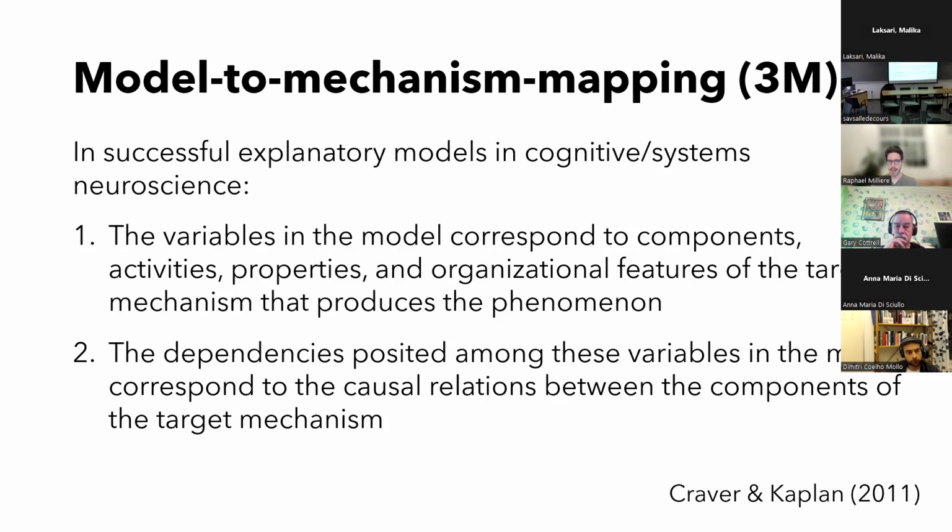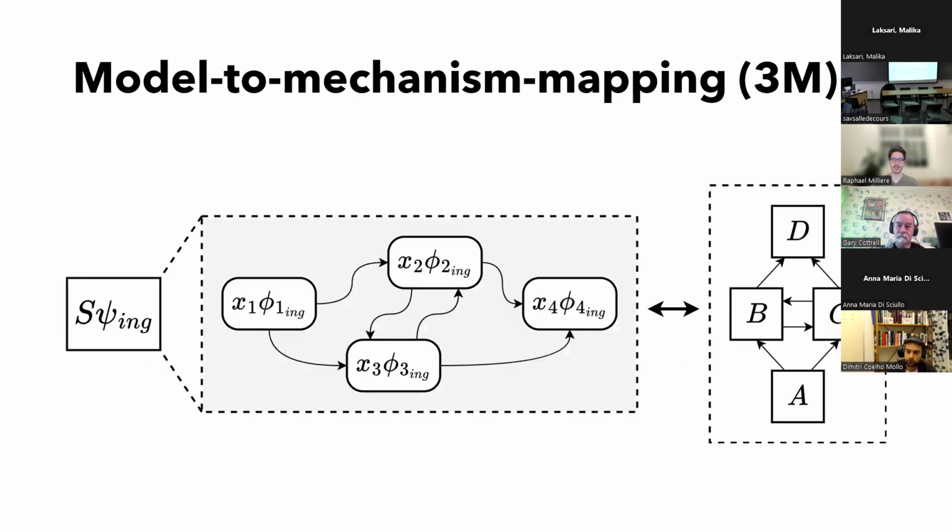So you need to have a mapping between the variables of the model and the components and activities of the mechanism. And you also need to have a mapping between the dependencies in the model, the edges, if you think of a causal graph, and the causal relations among the components of the target mechanism. So we want to find that kind of mapping.